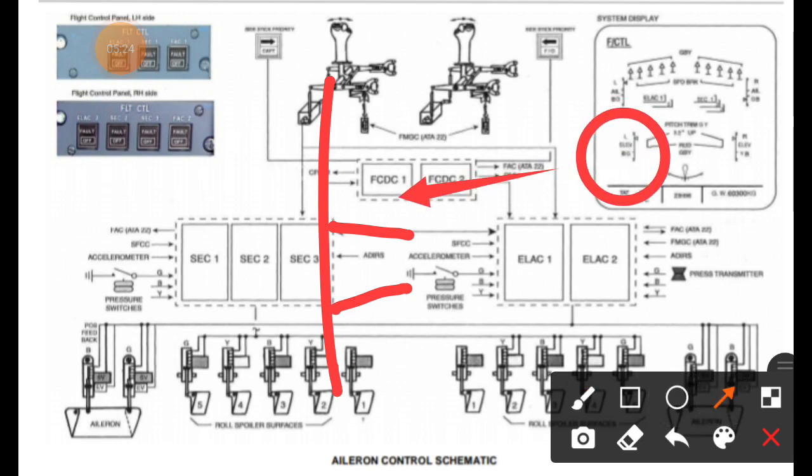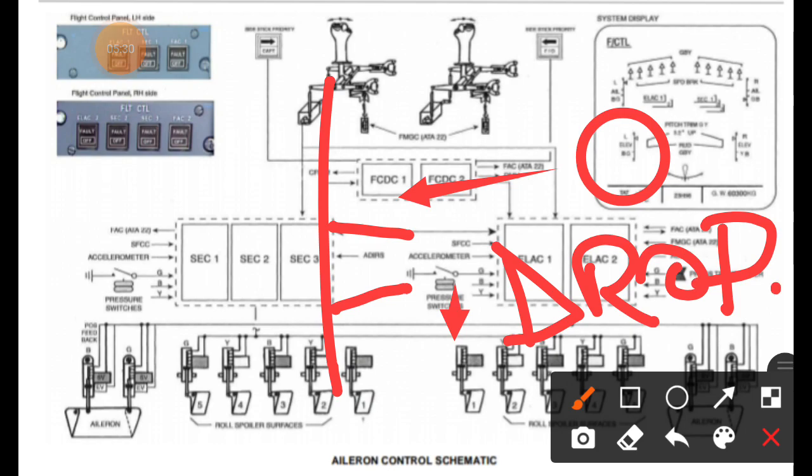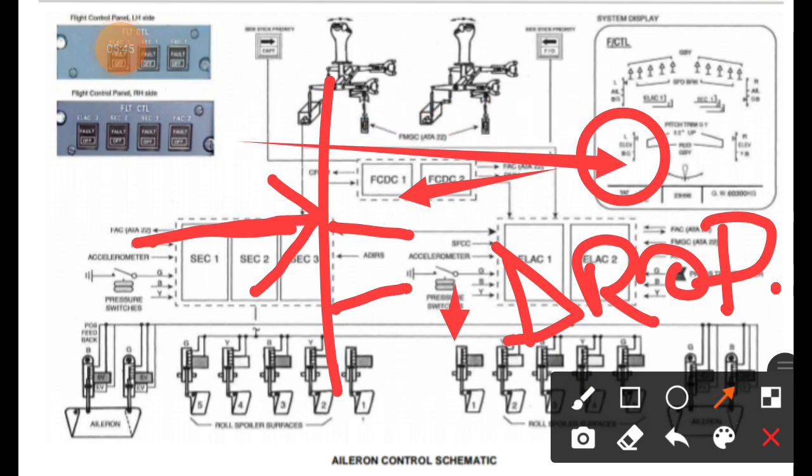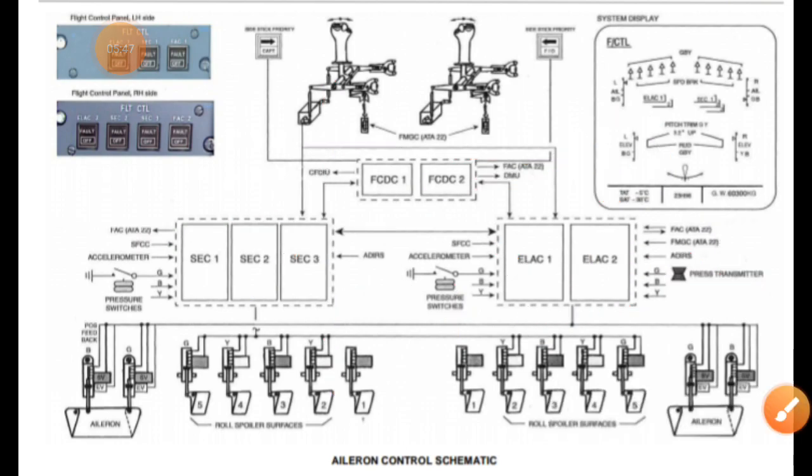One is the droop position, aileron droop, when the aileron is no more hydraulically pressurized. And when the hydraulic is pressurized, then you can see here the aileron position, from here to here. So it's a very simple system. Thank you very much.